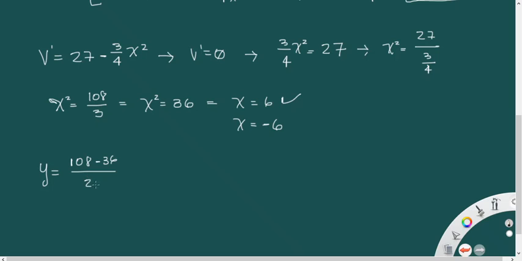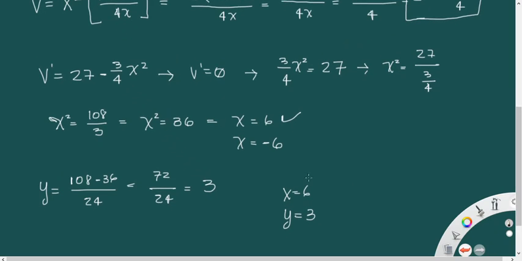This is equal to 24. If we do that, this is equal to 72 divided by 24, and that is equal to 3. So x is equal to 6 and y is equal to 3.